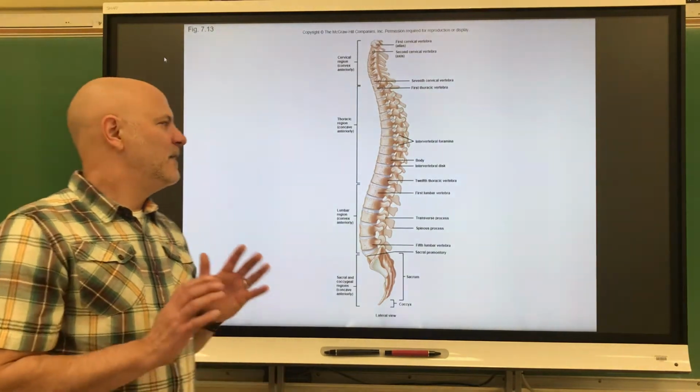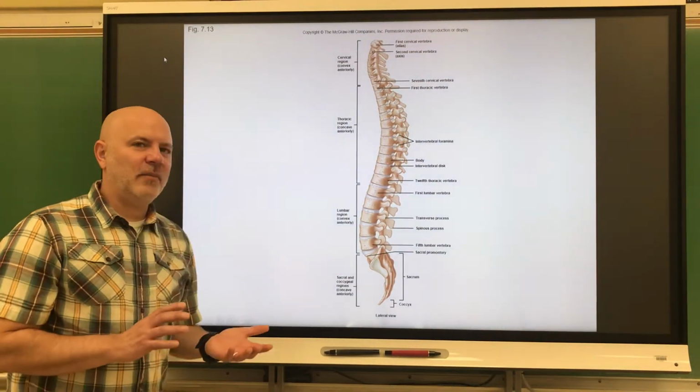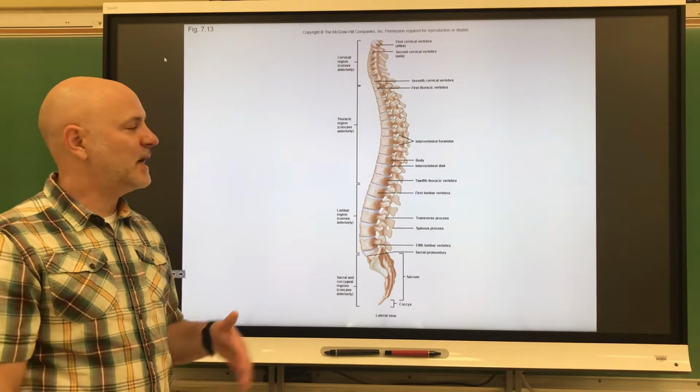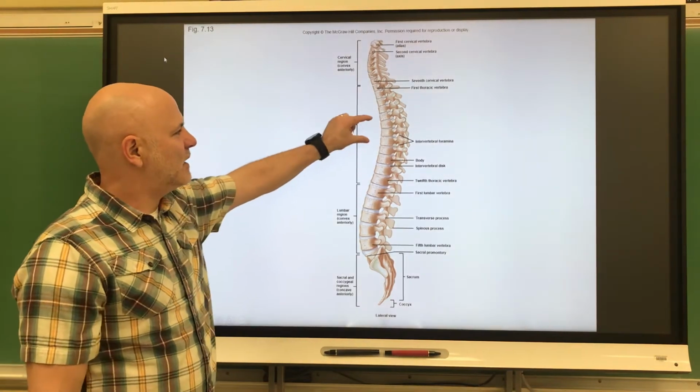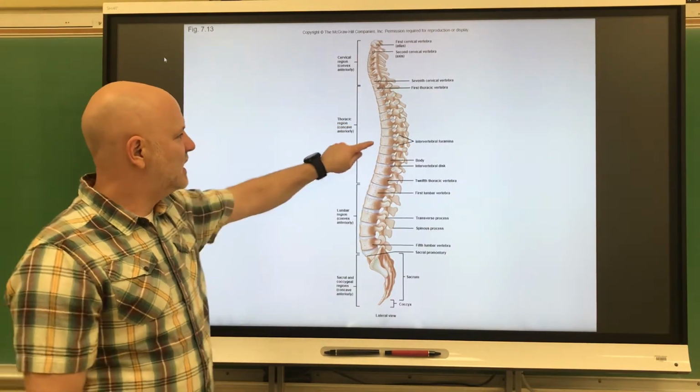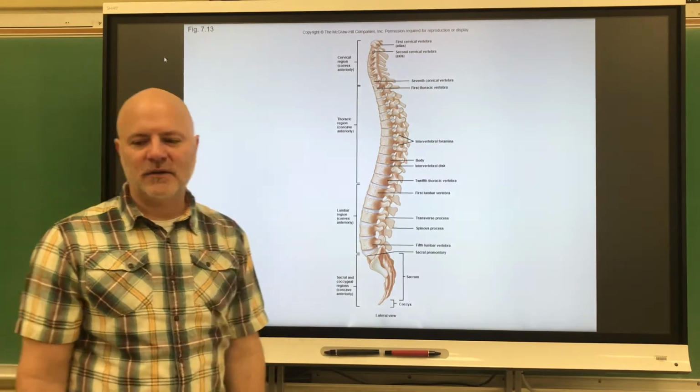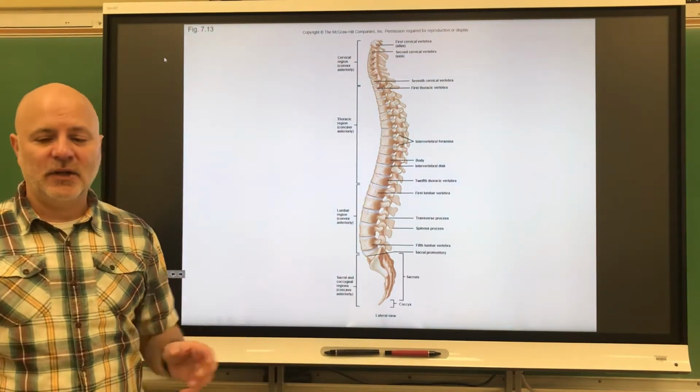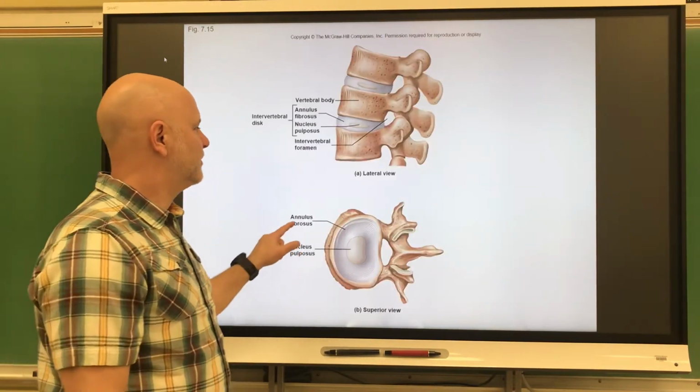This is what leads to a lot of people having back problems over time, because gravity pushes down and pinches the discs between the vertebrae together. Let's take a look at some abnormal curvatures.